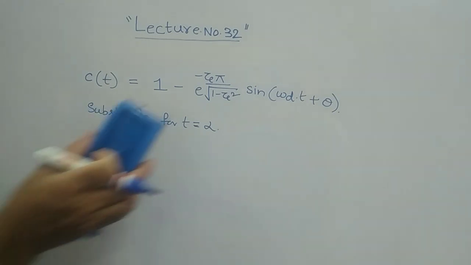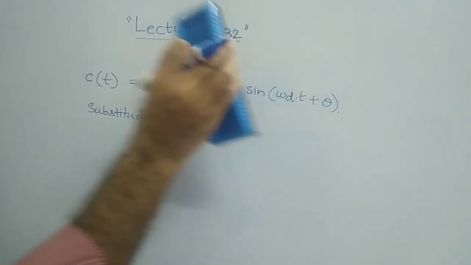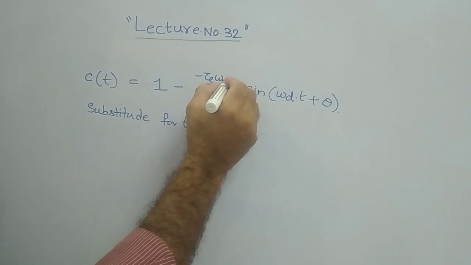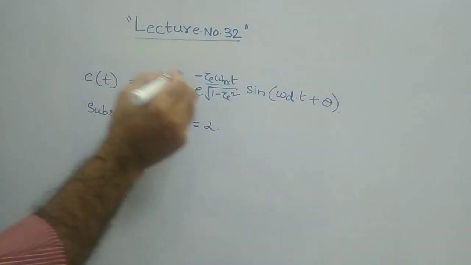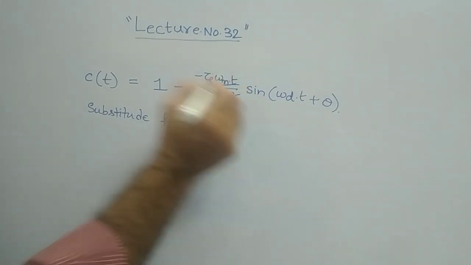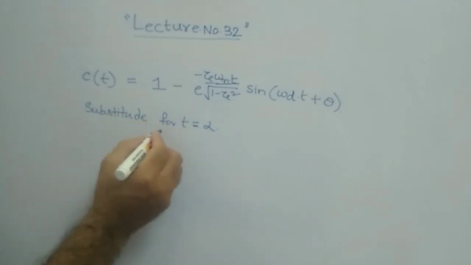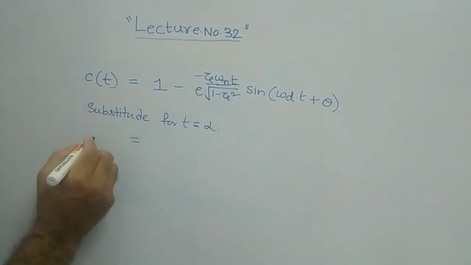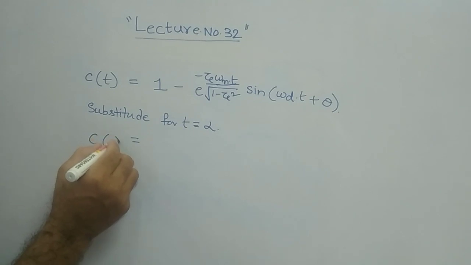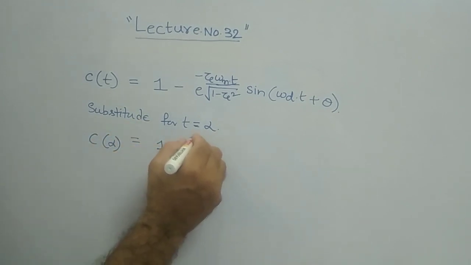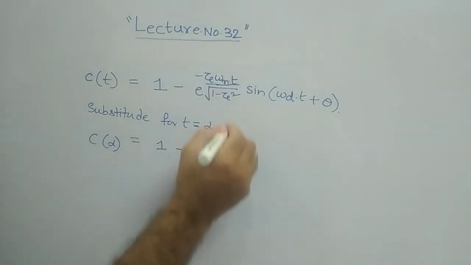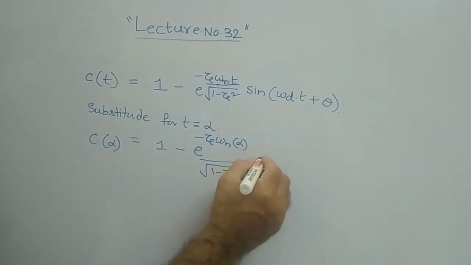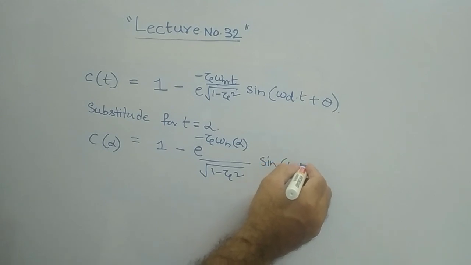Wherever t is there, substitute infinity. Then C of t becomes C of infinity, which is 1 minus e power minus zeta omega n into infinity, divided by square root of 1 minus zeta square, into sine of omega d infinity plus theta.